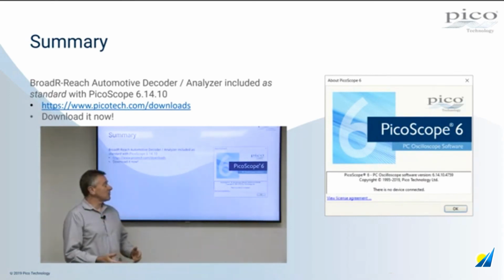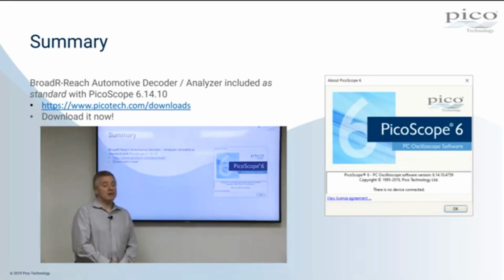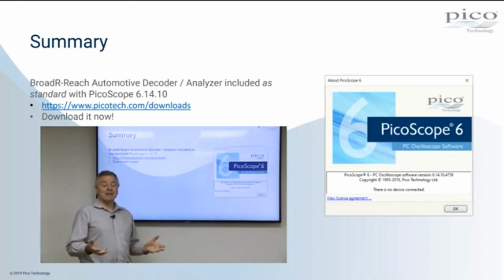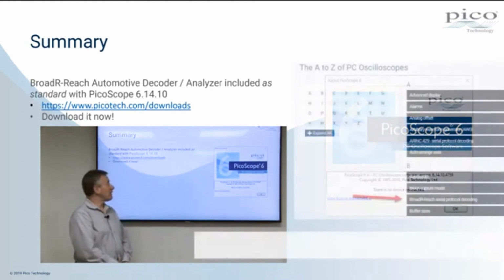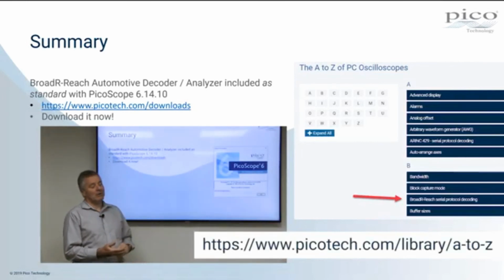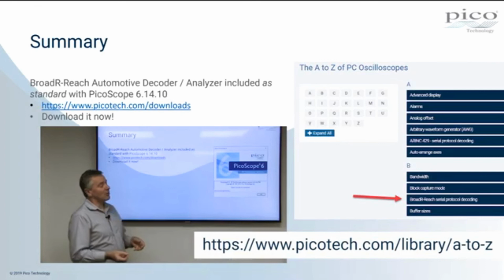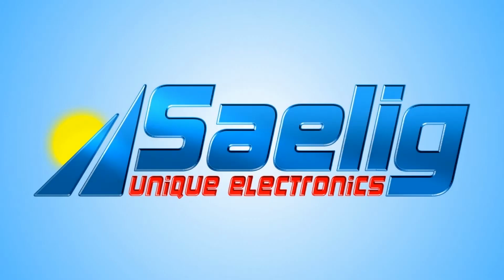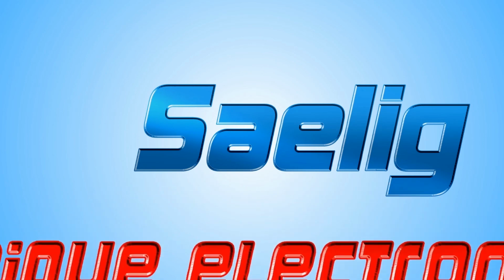And if you do have any additional questions, then we've written a little section on the A to Z of PicoScope on our website, and you can find that at www.picotech.com, and then downloads, or you can go into the A to Z section to see a little bit more information about the material that Anton and Patty have just presented. Thank you.